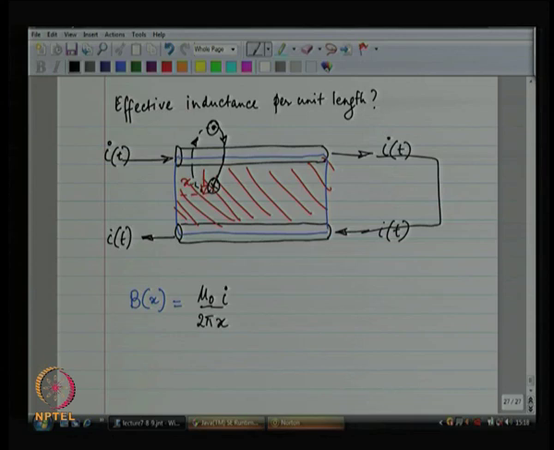Similarly, for the other wire also the magnetic field is going to point into the page. Okay. So, we are going to stop here and we will do the detailed calculations in the next class.